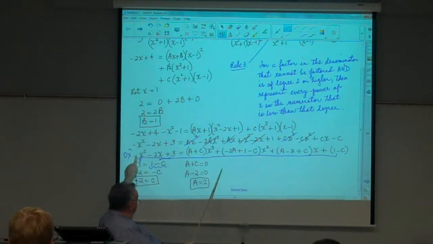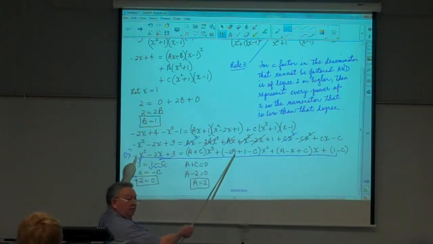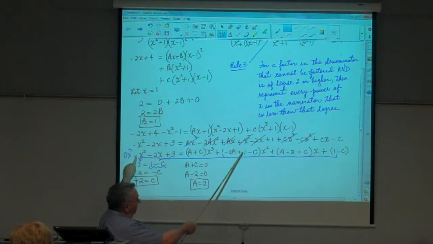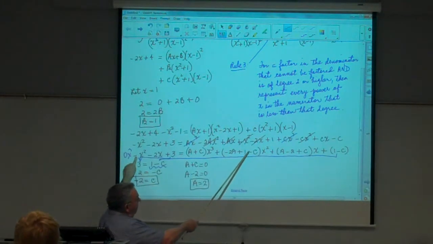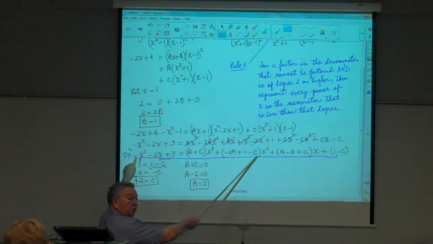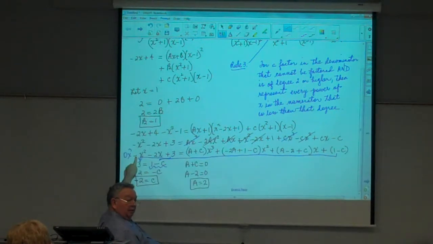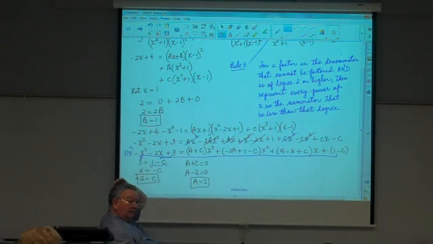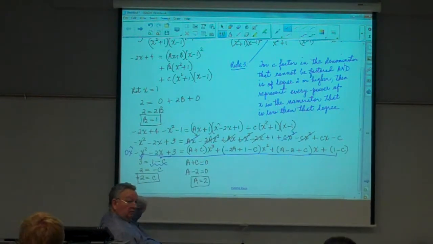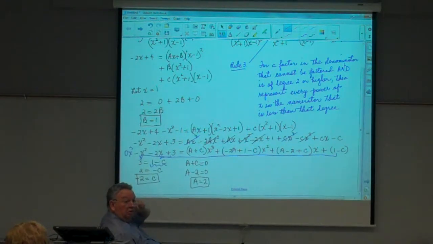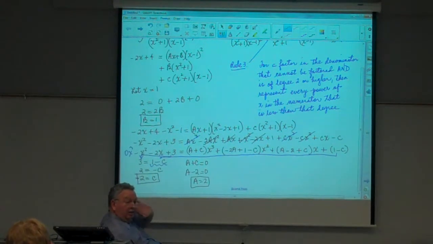If I put 2 in the place of A, that's minus 4. Plus 1 makes it minus 3. And then a minus 2 is a plus 2, which makes it negative 1. So whenever you plug it back into each of these, you want it to equal what its counterpart is on each side. Yeah, it makes it more simple then, and it will. That's why I did it this way.